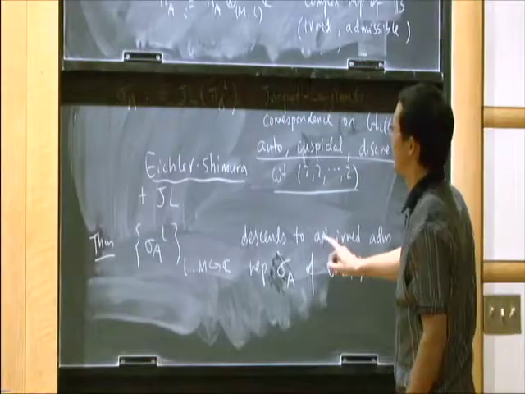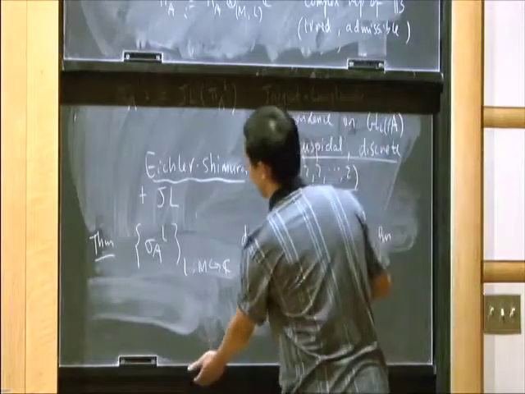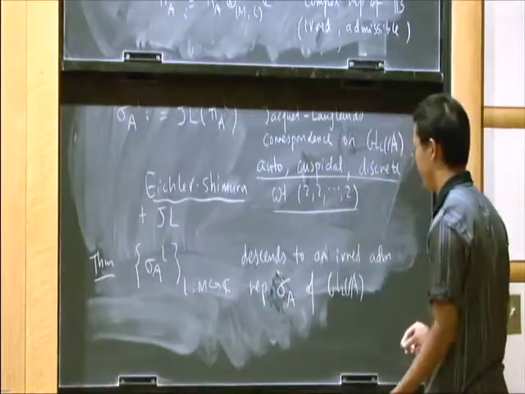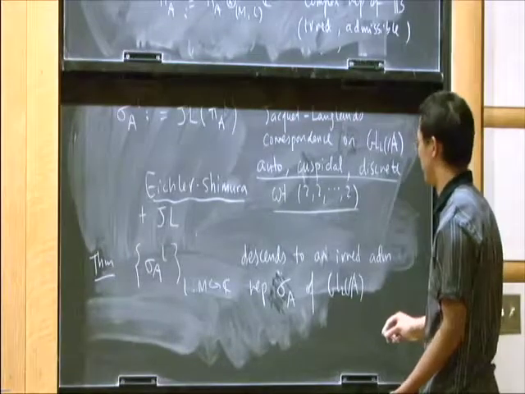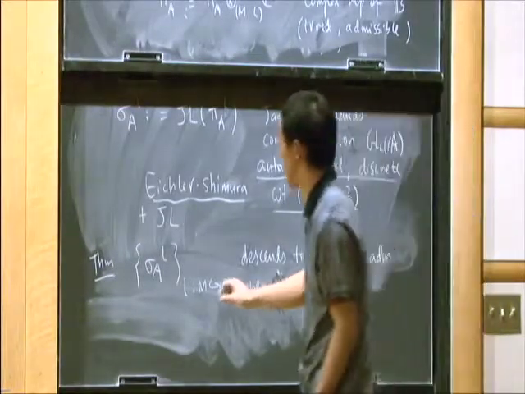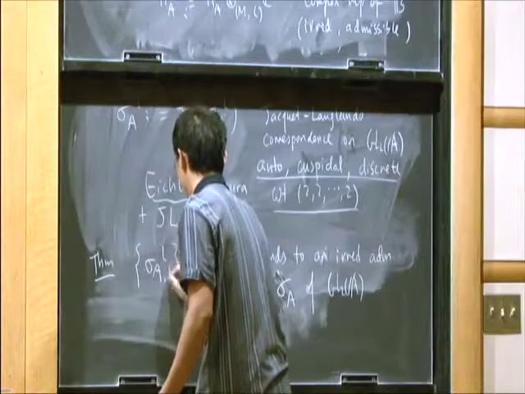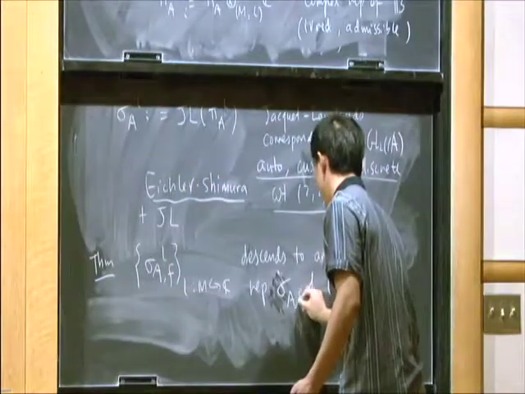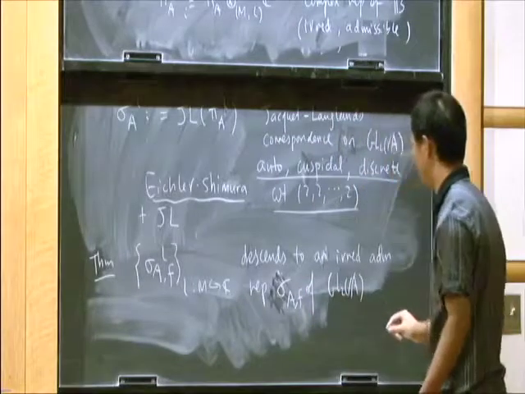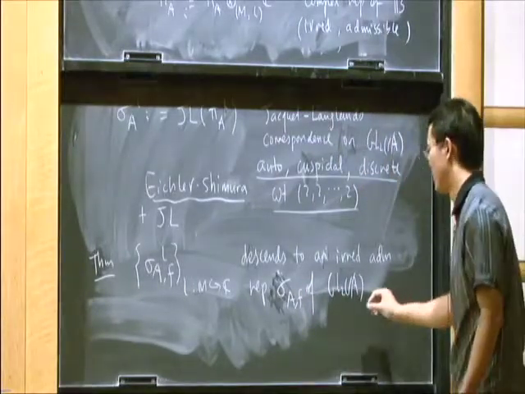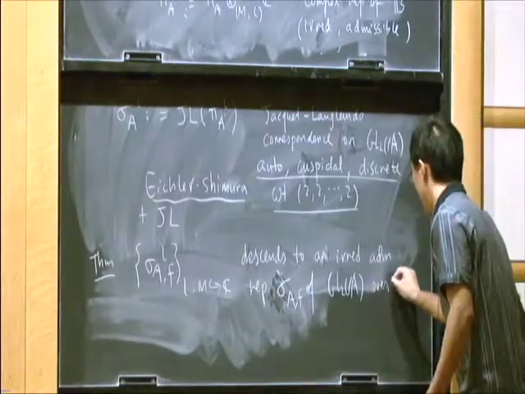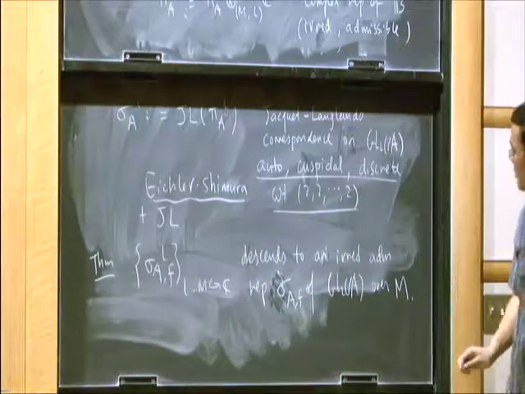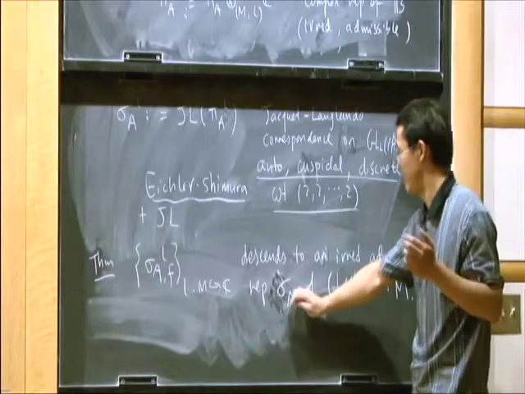Sorry, not exactly correct. I can only take the finite part. Over M. Maybe I don't write finite here.